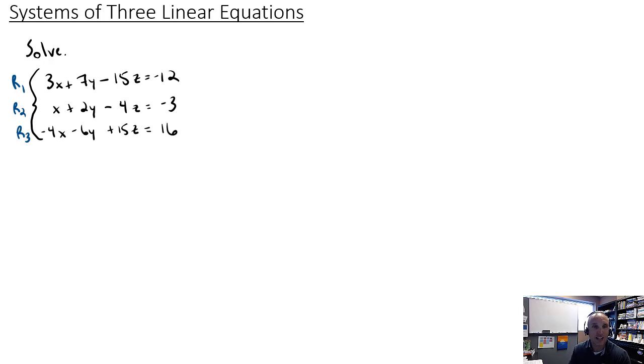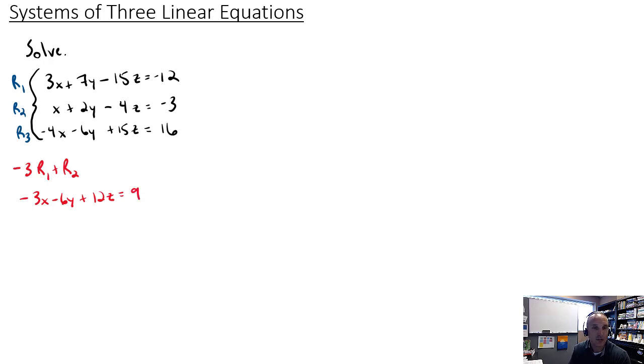So for example, if I want to combine rows 2 and 1 to eliminate x, I might take negative 3 times row 2, because that would give me a negative 3x here, and add it to row 1. So if I multiply row 2 by negative 3, I do that on both sides. I get negative 3x minus 6y plus 12z equals 9.